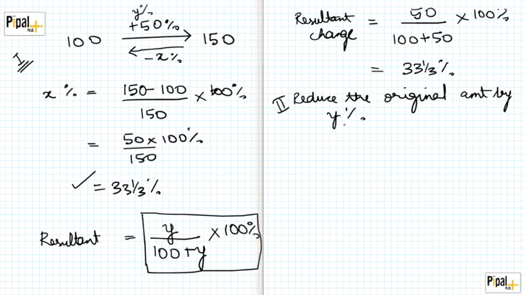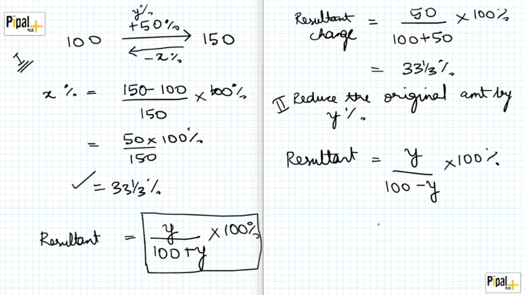In this case, to come back after a reduction, the difference is still going to be y, because I've come back y percent. So the difference that I must compute now is going to be y. However, last time the base had increased by 50. This time the base will reduce by y percent, so the base now becomes 100 minus y, into 100%.